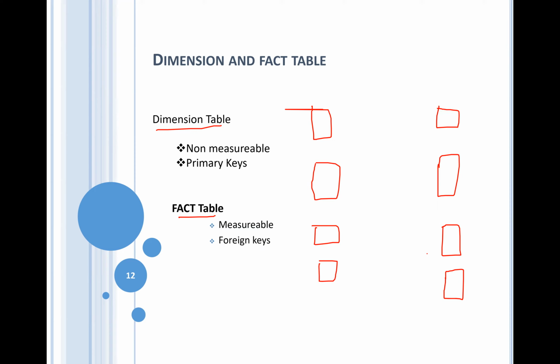If you change anything here, they will keep the previous one as history. That's what they do in the data warehousing environment. Then your employee information, your client information, the different project information, all these details are different dimension tables.